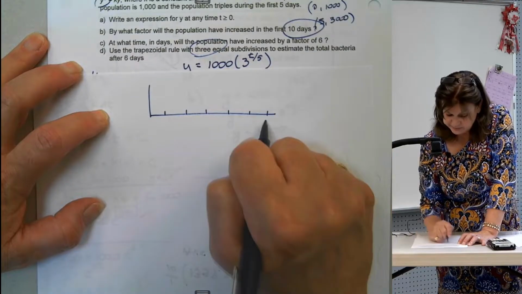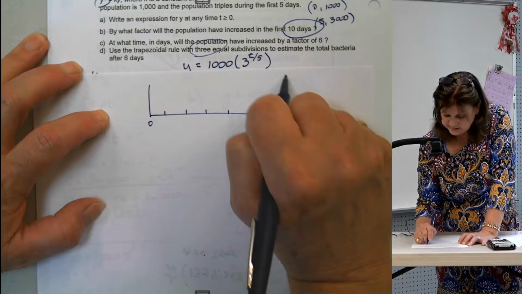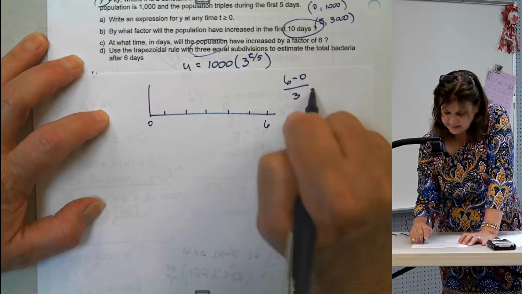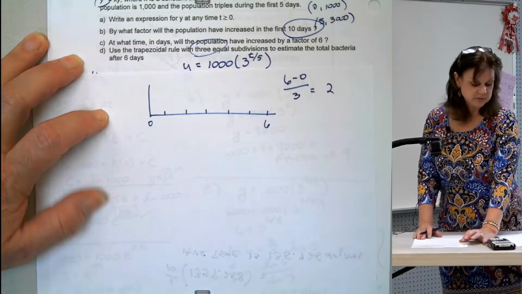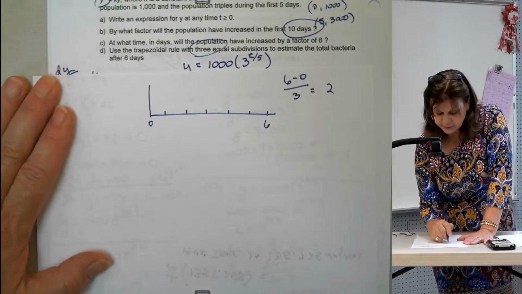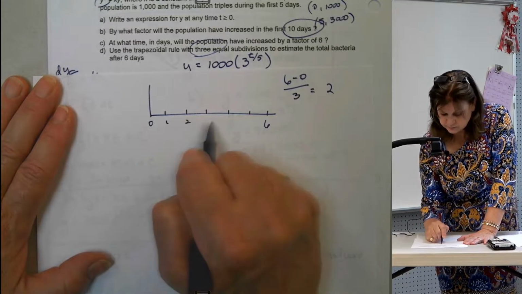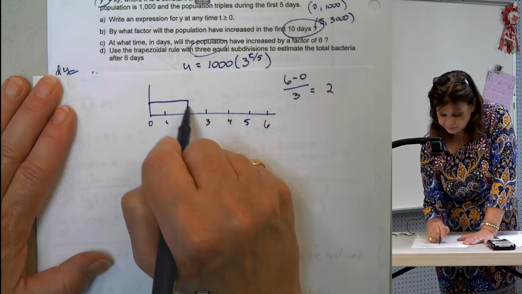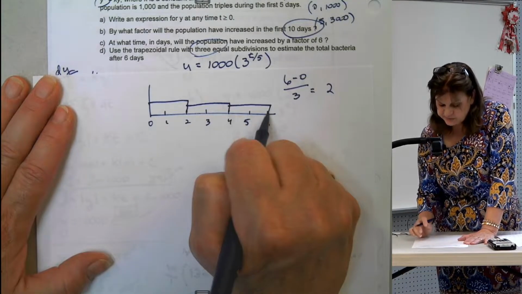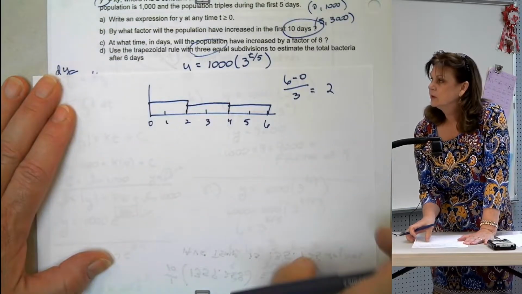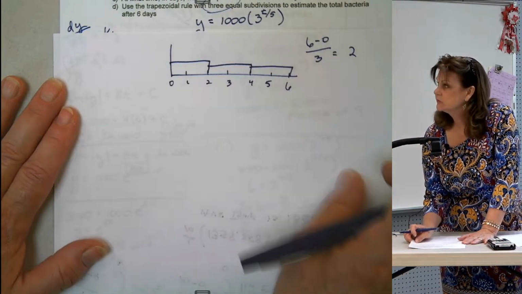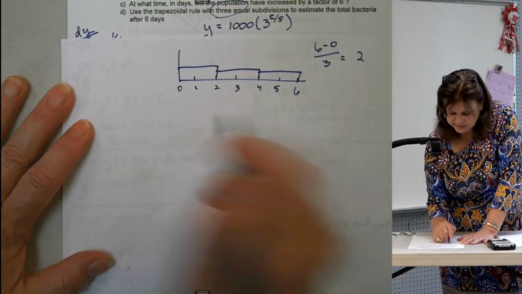So we're going 6 minus 0, b minus a over n. Each one of my trapezoids will have a height of 2. There's 1, there's 2, there's 3. So remember, trapezoid is going to be the summation.